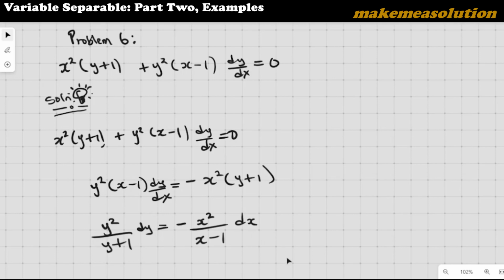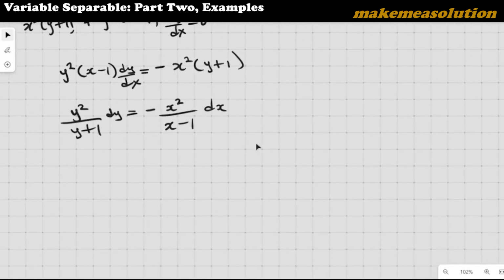So we have separated the variables. This should be a trivial step for you. Whenever a term in the numerator crosses the equality, it becomes a term in the denominator, and vice versa. In other words, it is reciprocated.